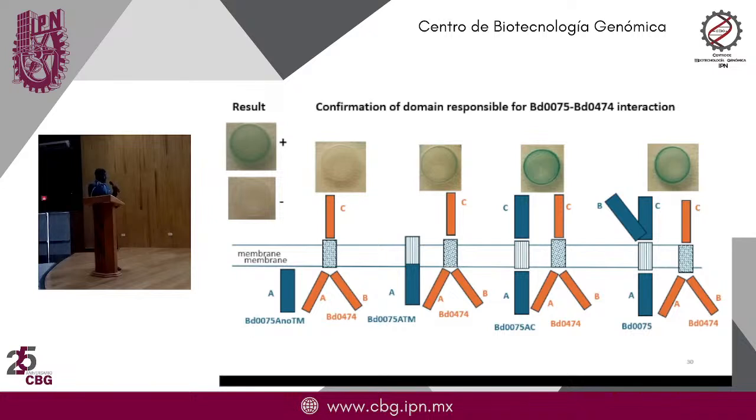So we included the transmembrane domain with the A domain of the 75, and we found a slight interaction, showing that the transmembrane might be involved in the stabilization of the complex.